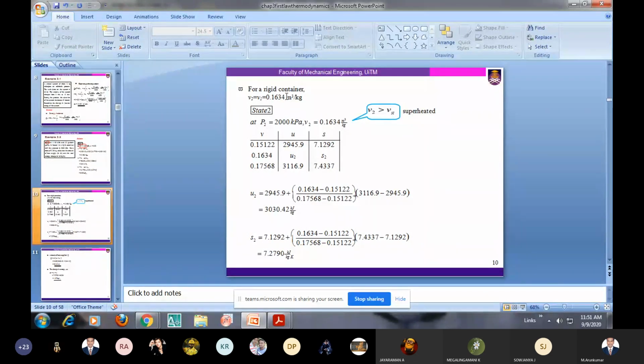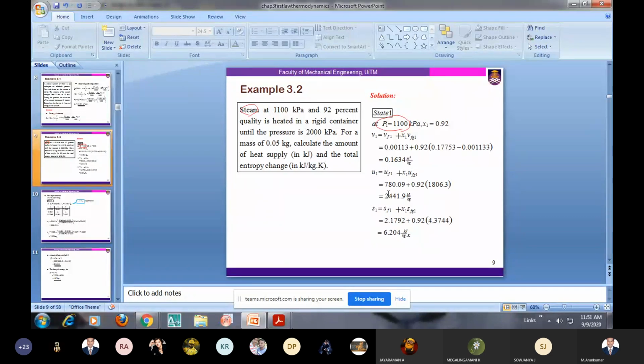For a rigid container, there won't be a volume change, so V2 will be equal to V1. We can take this V1 value, the specific volume.